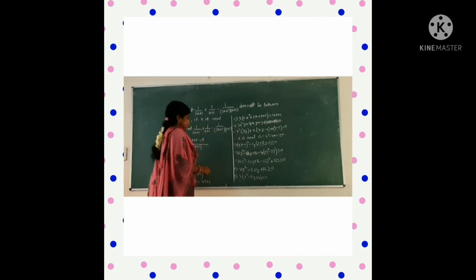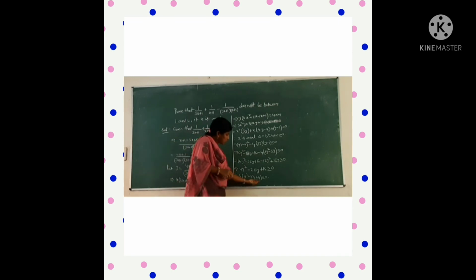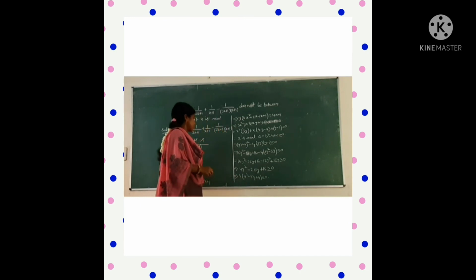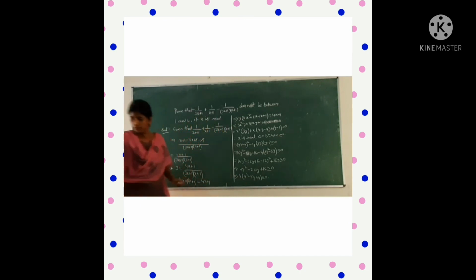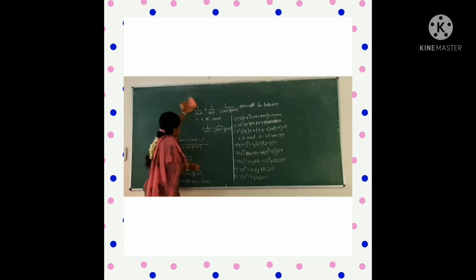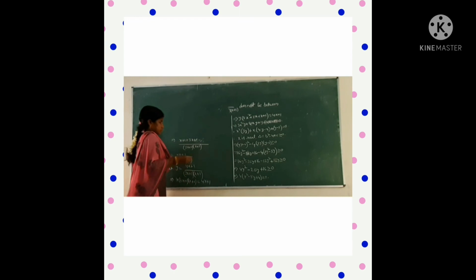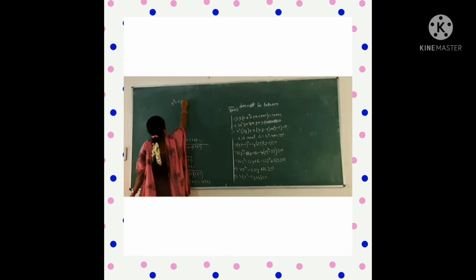Okay, so here we get one quadratic equation. What are the factors of this equation? y square minus 5y plus 4 is greater than or equal to 0.